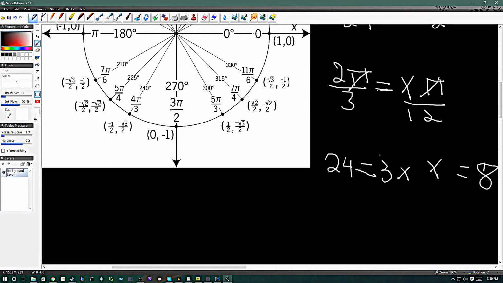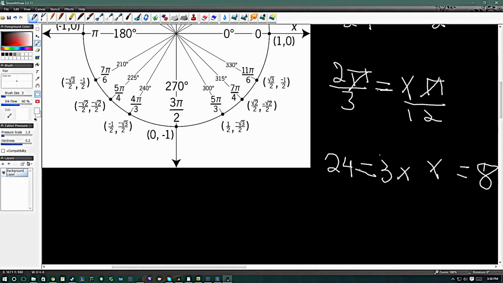So we know that there's 8 15-degree radians in 2 pi over 3, and we can use that to calculate the angle measure of those 8 radians. We know that 2 pi over 3 is what we're looking for in order to convert, and we know that 8 pi over 12 simplifies to 2 pi over 3.